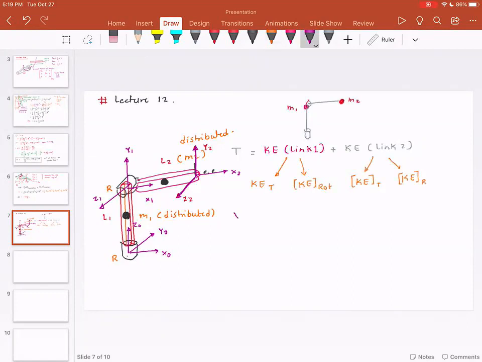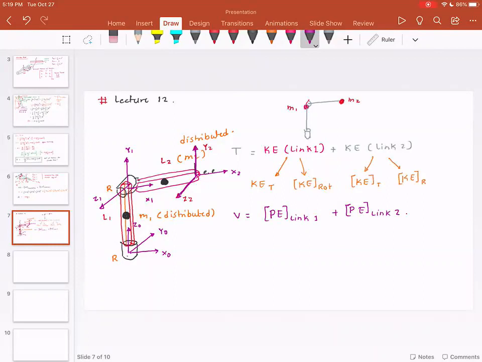Then you will have to find the potential energy. When you find the potential energy, same thing, you will have to find the potential energy for link 1, and then the potential energy for link 2.